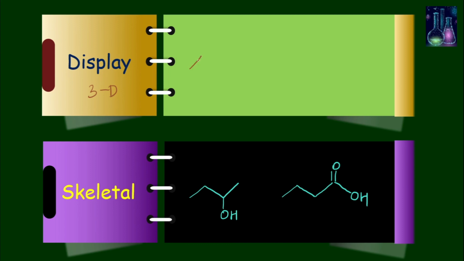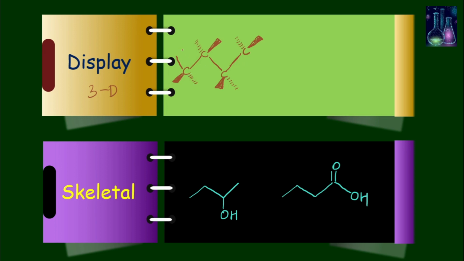So you have the carbon atoms 1, 2, 3, 4, and each carbon is sp3 hybridized, therefore they will have a solid wedge and a dashed wedge. So this is called a solid wedge and a dashed wedge, and here also same, you will have a solid wedge and a dashed wedge.